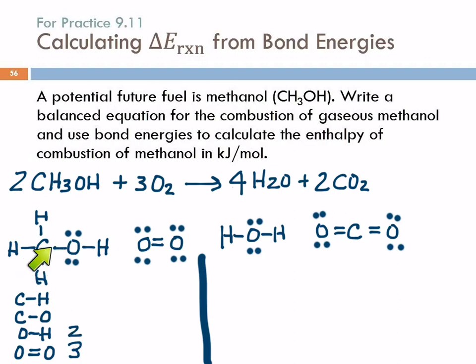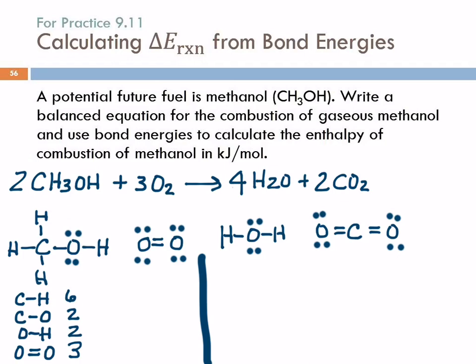We have 2 carbon-oxygen single bonds. In each molecule, we have 3 carbon-hydrogen times 2, so 6. Did I do that right? Yes, okay. Because if you say no, you have to tell me why it's wrong.